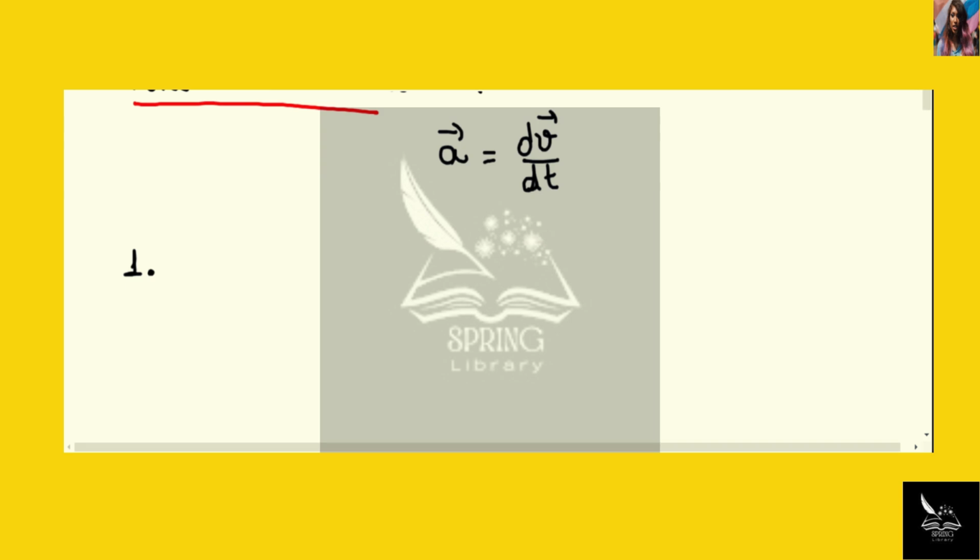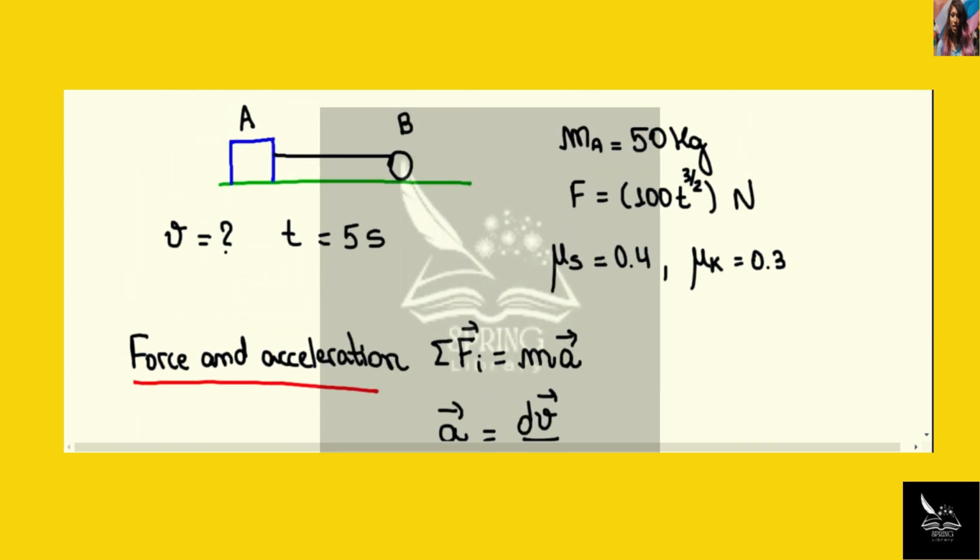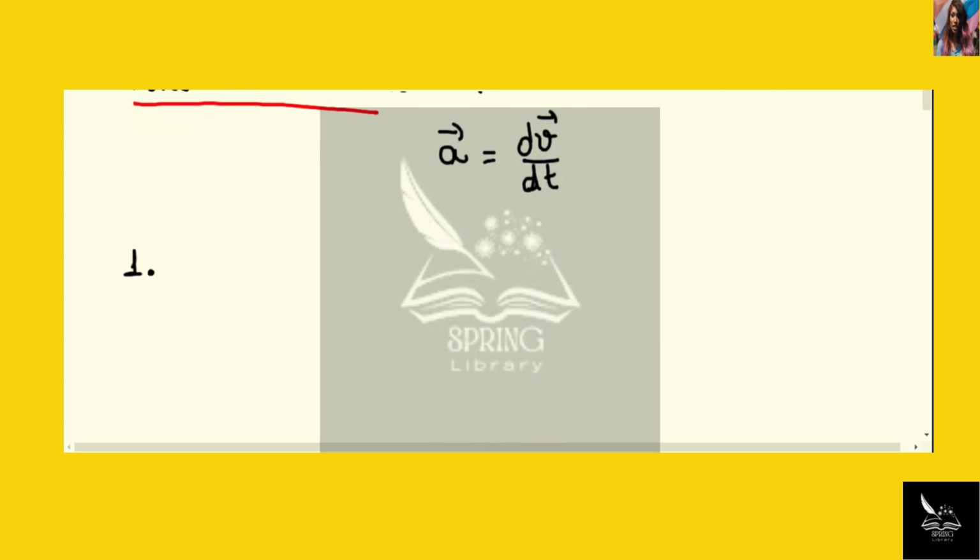So first of all, we need to find at what time the block starts moving. The block is initially at rest. That information is given to us by the problem. And at some point between 0 seconds and 5 seconds, the block starts to move. We need first to find what this time is.